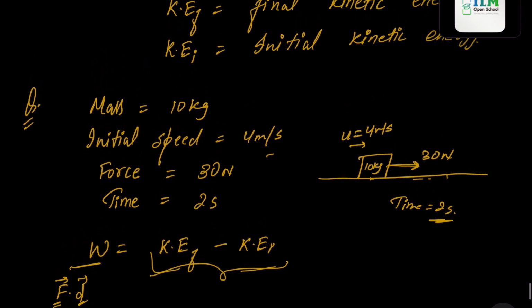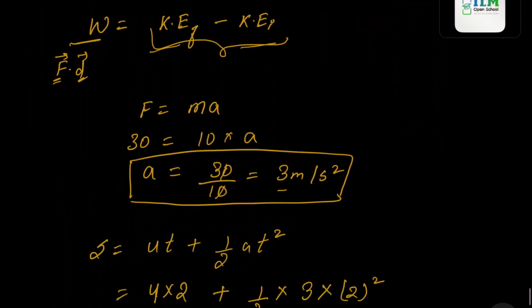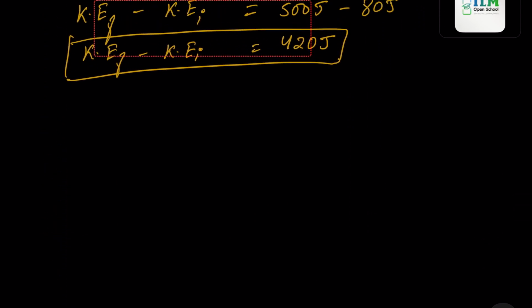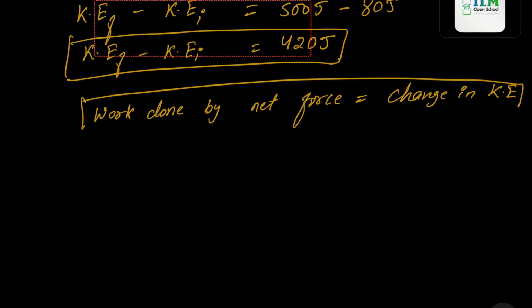This is the explanation that I have taught you through the numerical, and now I hope you can understand it: work done by net force is equal to change in kinetic energy. This is the concept.